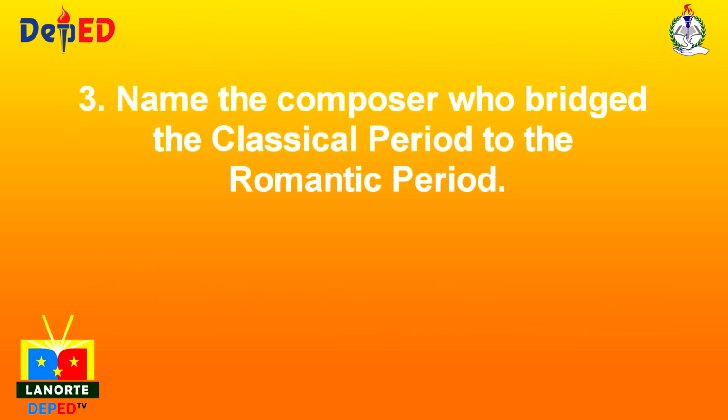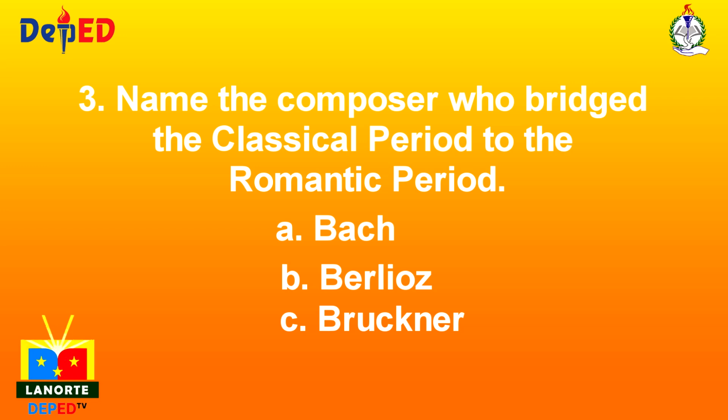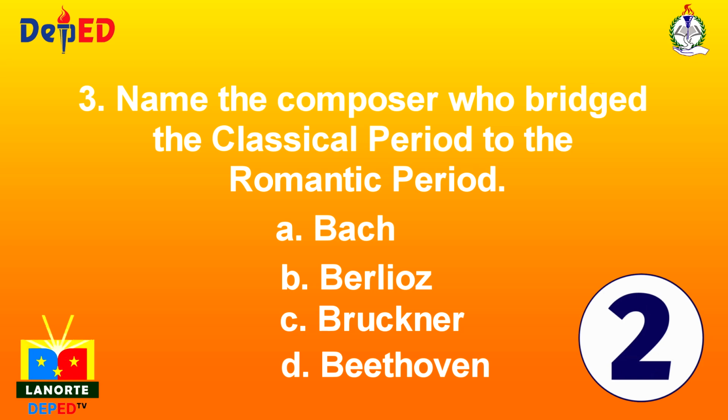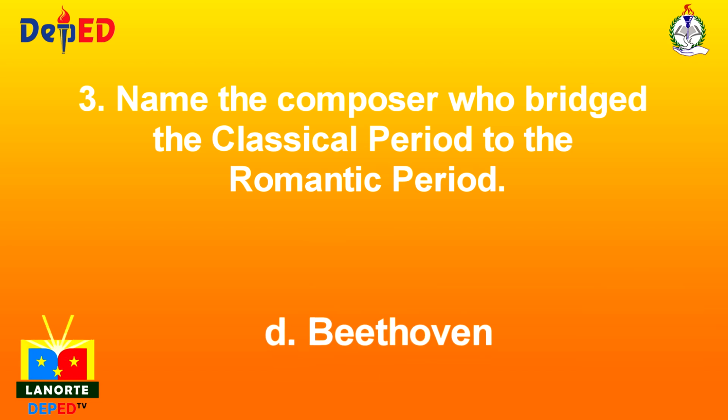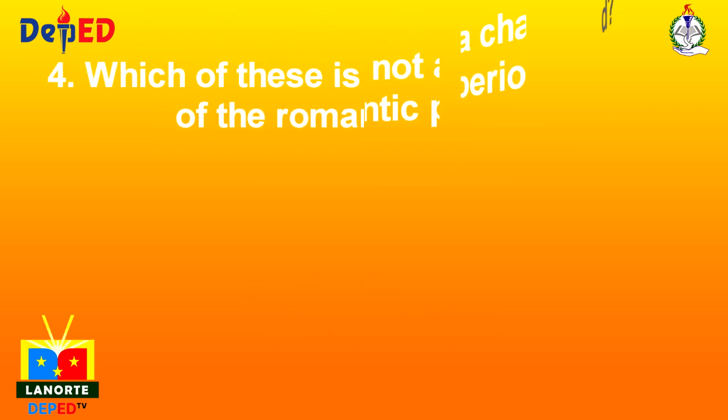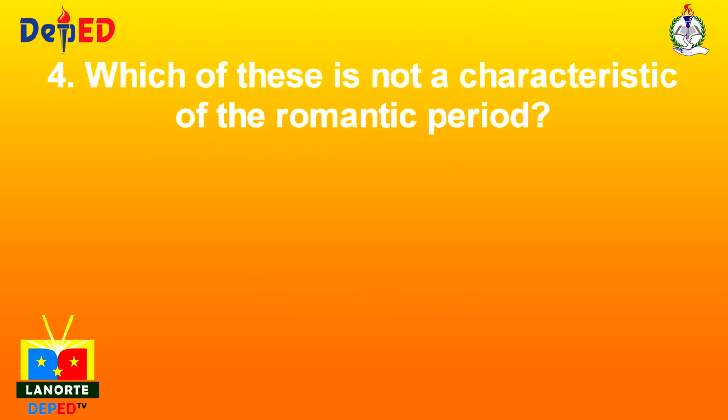Number 3. Name the composer who bridged the classical period to the romantic period. A. Bach, B. Berlioz, C. Bruckner, D. Beethoven. The correct answer is D. Beethoven. Number 4. Which of these is not a characteristic of the Romantic period?